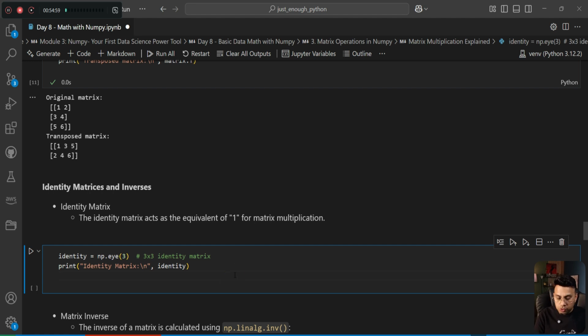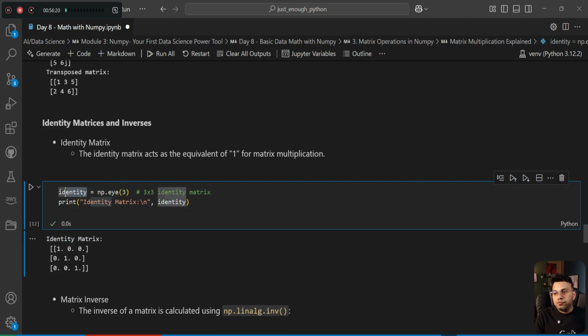Let's first execute this code. So here we are first specifying the name of the matrix, which is identity. We can call it anything else as well. It is equal to np.eye. .eye is the built-in function from NumPy to create an identity matrix, and then we are passing the size.